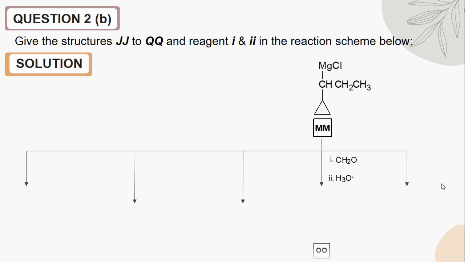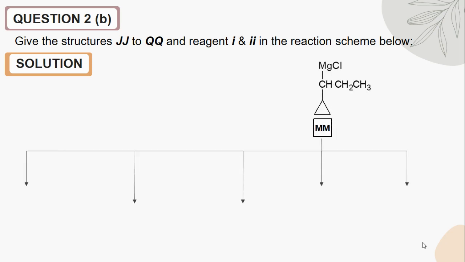Next, when the Grignard reagent reacts with CH2O, which is actually methanal, followed by H3O+ hydrolysis, you will produce a primary alcohol. So that is what OO is. This is your structure OO, primary alcohol, and this gives you 1 mark.